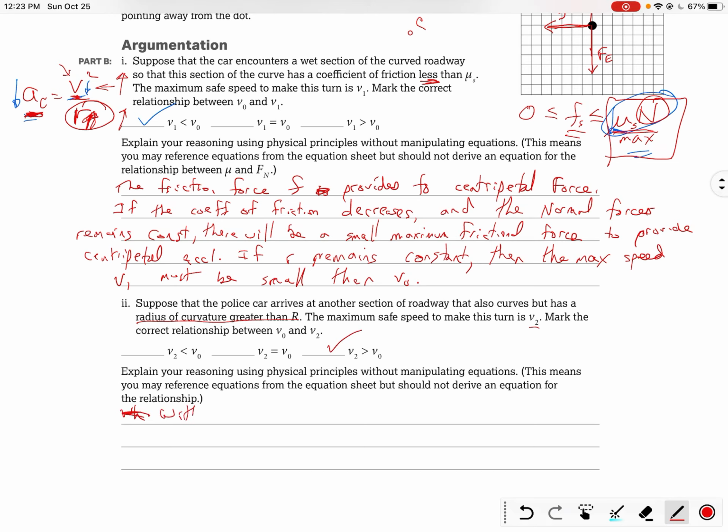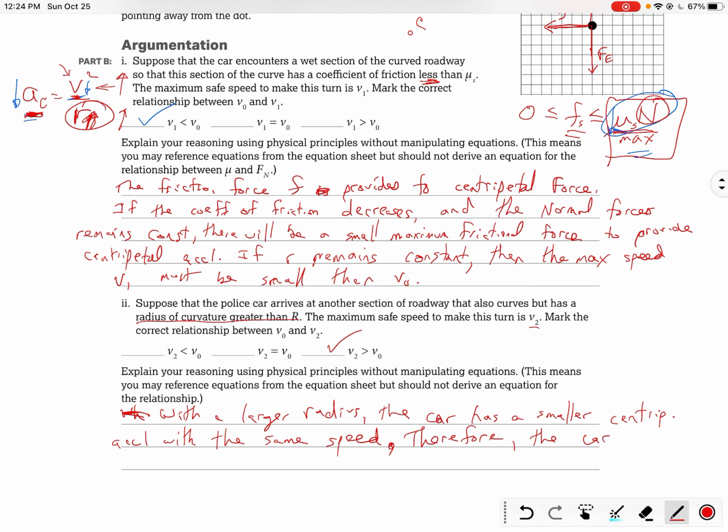So we'll say something like with a larger radius, the car has a smaller centripetal acceleration with the same speed, or we could turn that around and just say simply, therefore, the car can go faster to have the same centripetal acceleration.